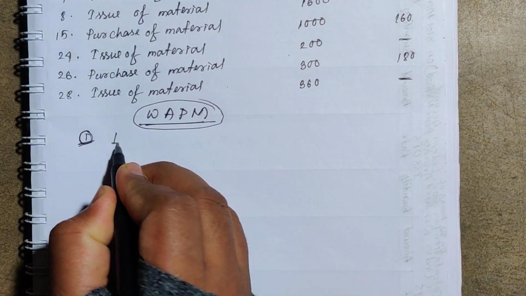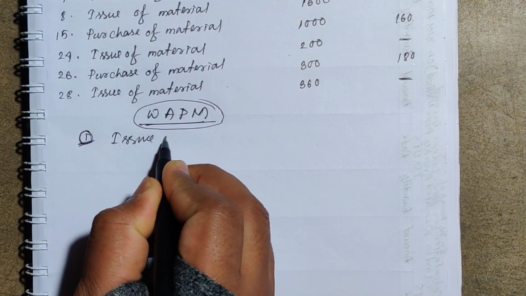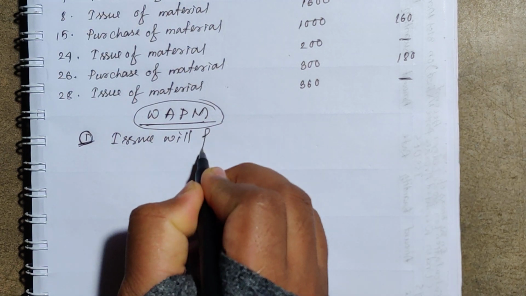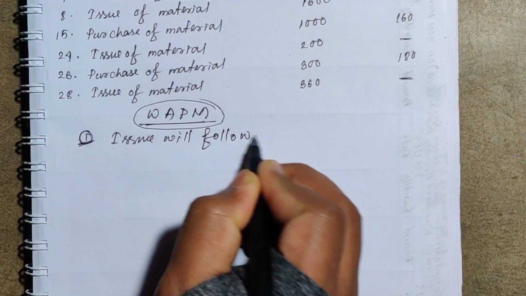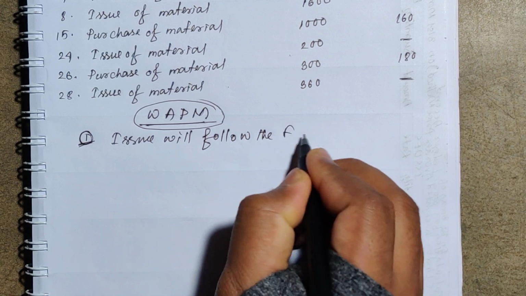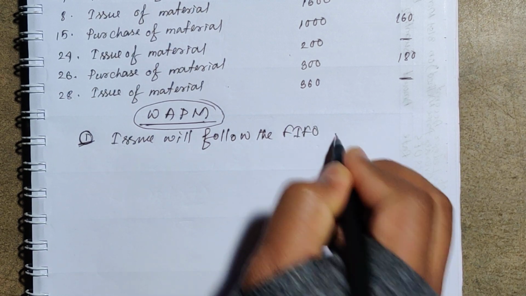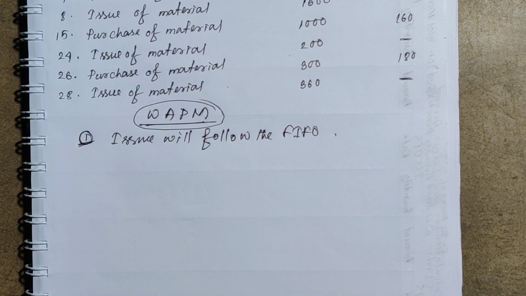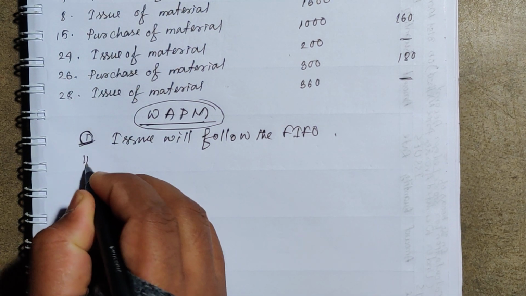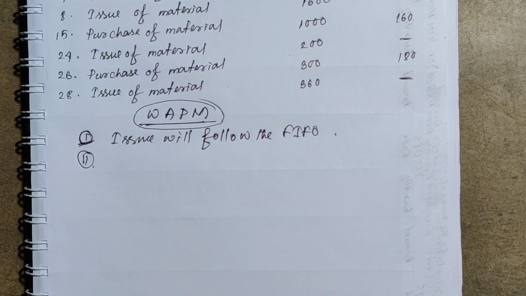First, for issue, we will follow the FIFO method. That means during issue, we follow the FIFO method, first in, first out. And the price will be taken as the per unit price of the present stock, the present balance.